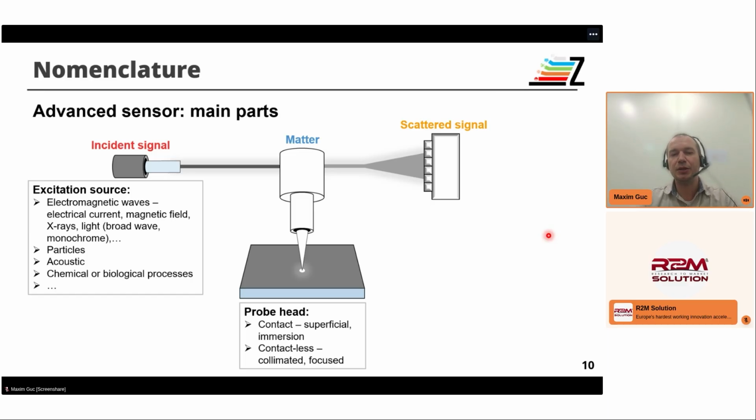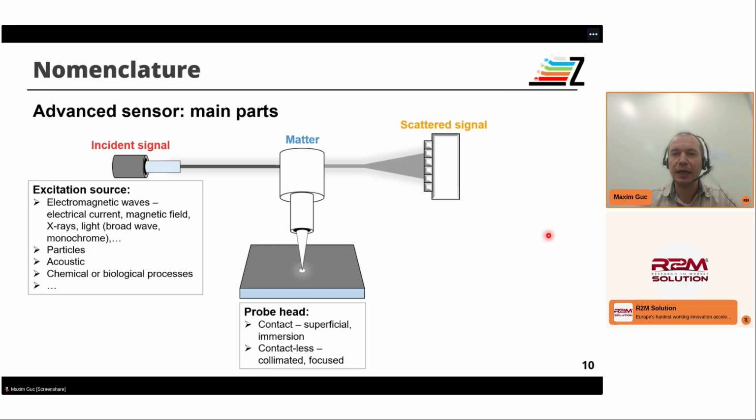And they can be of different types. They can be superficial or immersion, depending on the application, depending on the type of the sensors, and they can be contactless with a collimated or focused beam or whatever. So there is a really huge combination of how these probe heads can look.